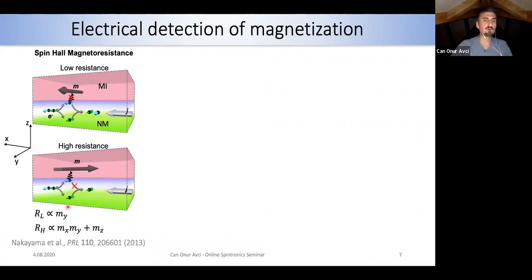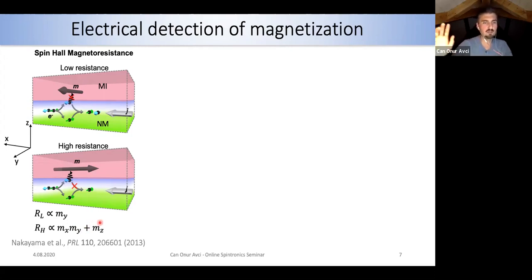But there is also a transverse component of this spin Hall magnetoresistance that gives rise to two kinds of signals. One is proportional to the product MX MY, and this is basically the dominant contribution. Then you have a secondary contribution that is proportional to the perpendicular component of the magnetization.